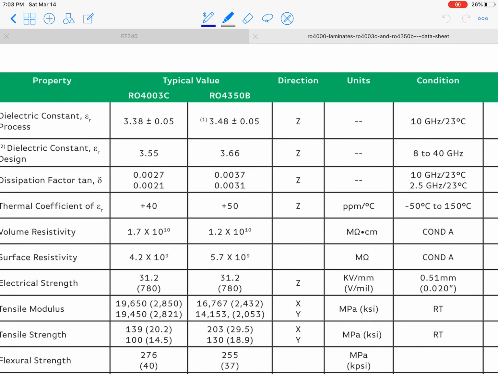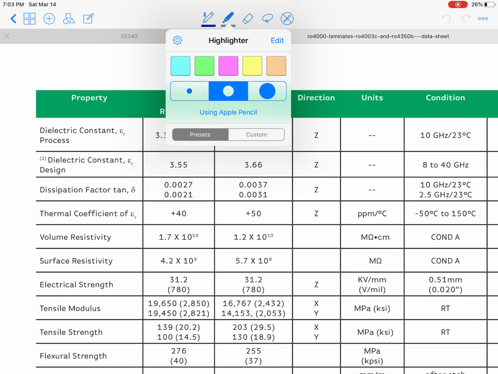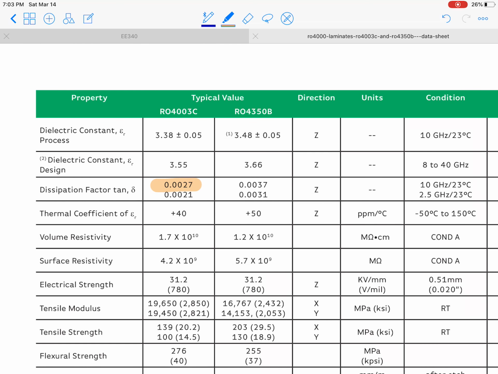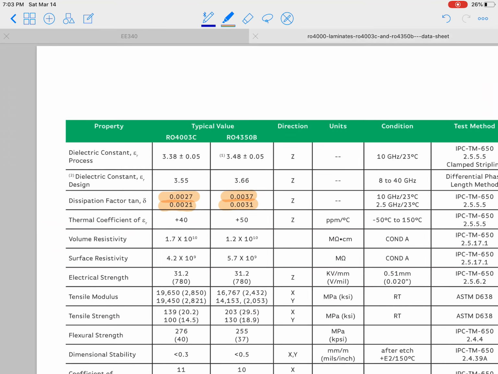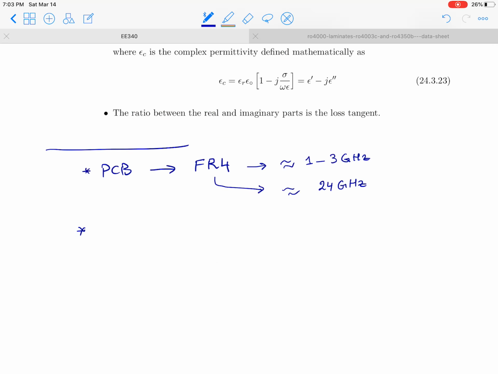The point that I want to show you here is that if you're looking for the loss tangent, you will see that this value is given at a specific frequency. So the loss tangent is actually a function of frequency, and we should be careful when we choose the material for our substrate.